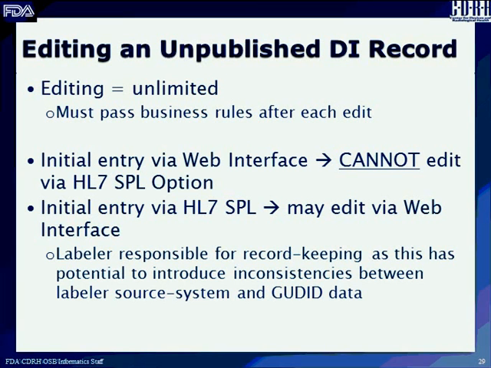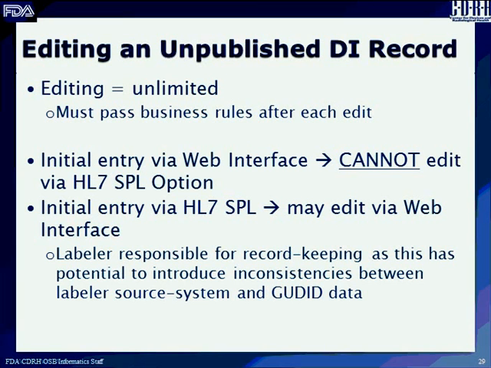So if you entered an unpublished DI via the web, you cannot edit that record via HL7 SPL. However, if you enter an unpublished DI via SPL, you may edit that record via the web interface. Now, what this does, though, is it provides the potential for inconsistencies between your source system and what's in GUDID.